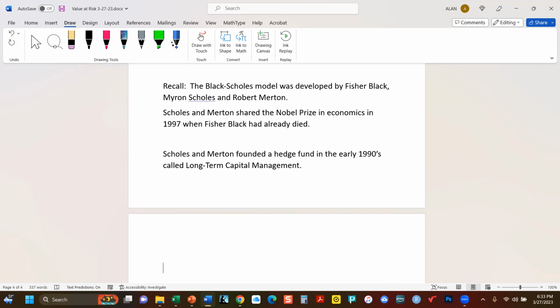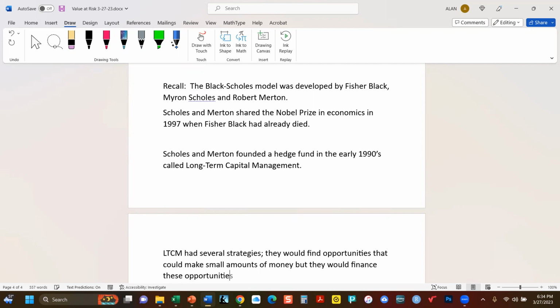So what these guys were doing now, every hedge fund has its own unique set of strategies. Long-term capital management had several strategies, of course, but what they were really doing was they would find opportunities that could make small amounts of money, but they would finance these opportunities with massive amounts of borrowing.